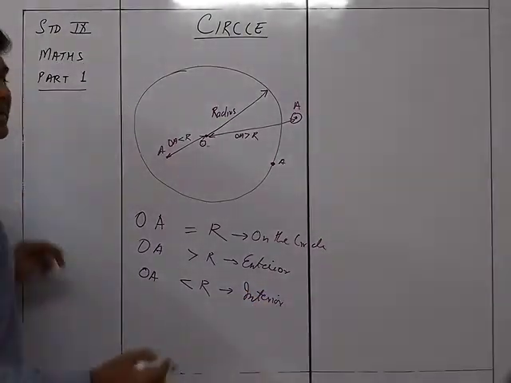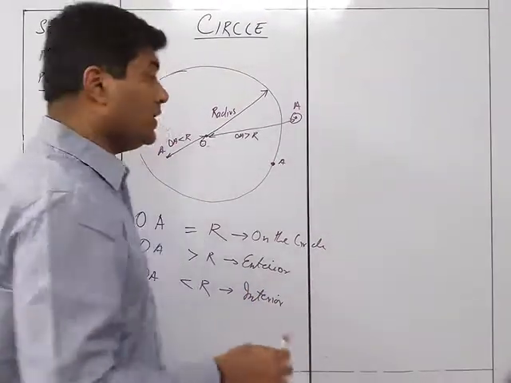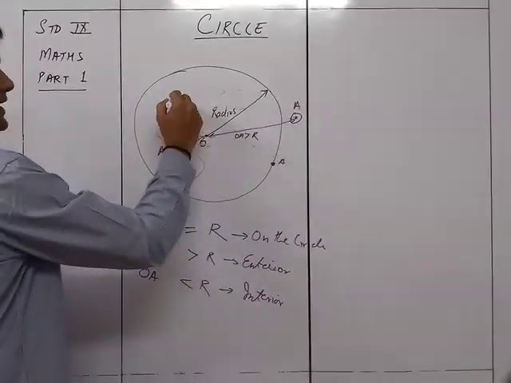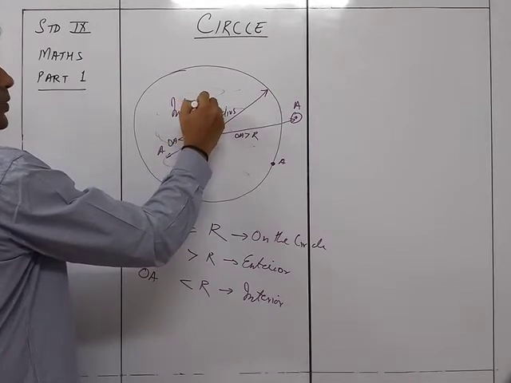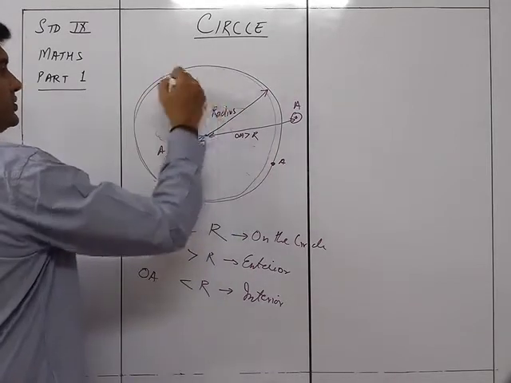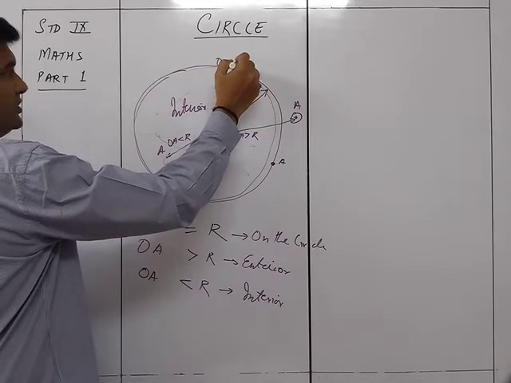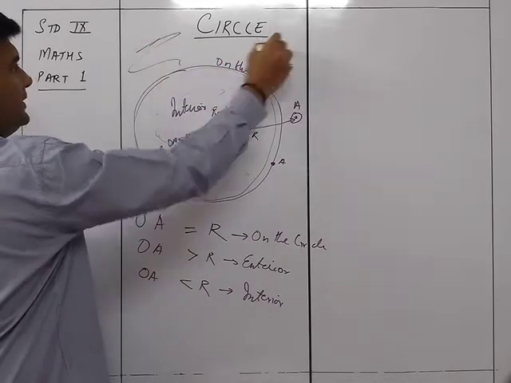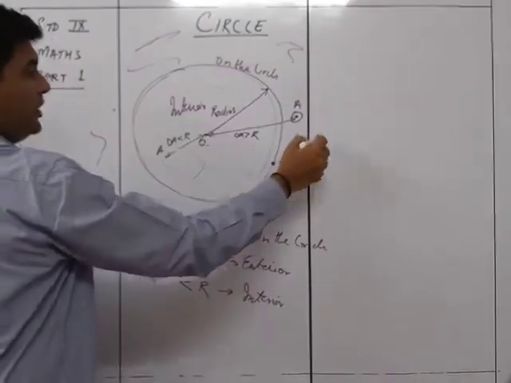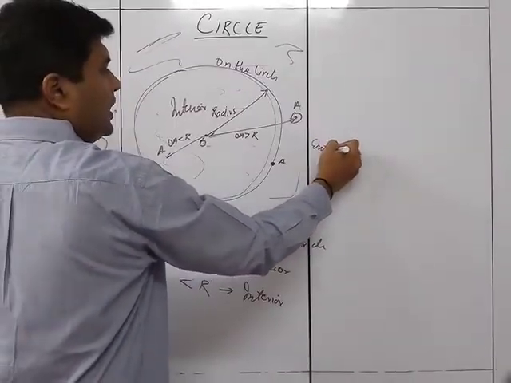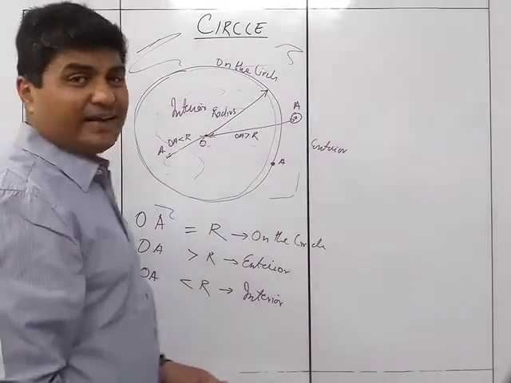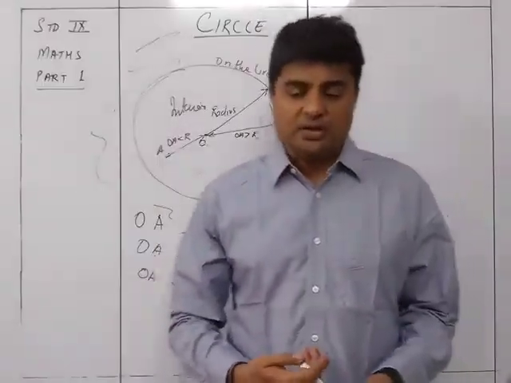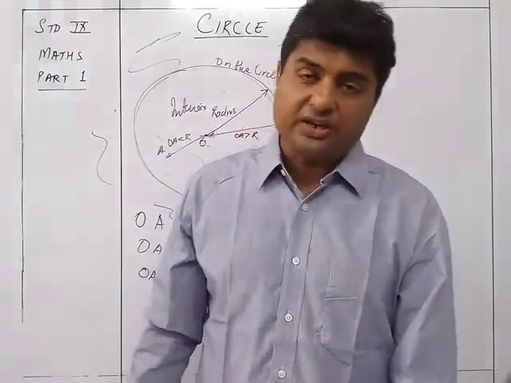So basically the circle has three sections. The area inside is called the interior. The one which is on the circle is called on the circle, or the circumference. And the one which is outside, in this area out here, is called the exterior. So the circle divides a plane into three parts: the interior of the circle, on the circle, and the exterior of the circle.